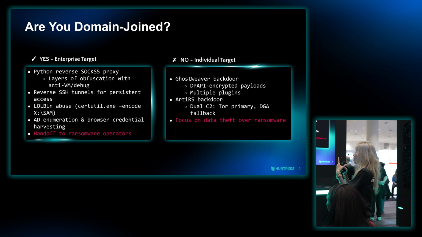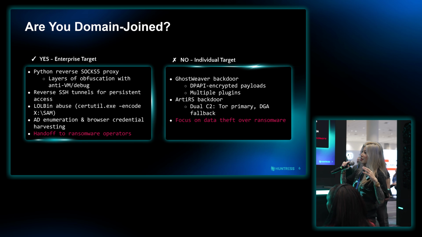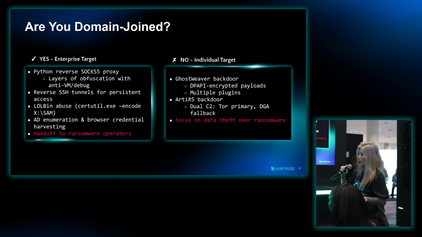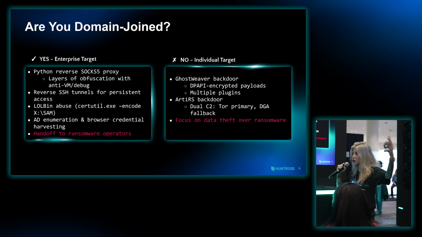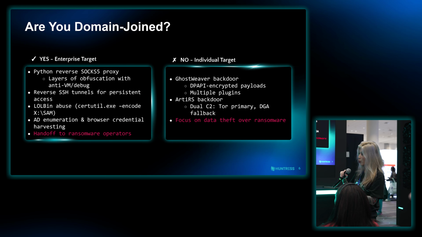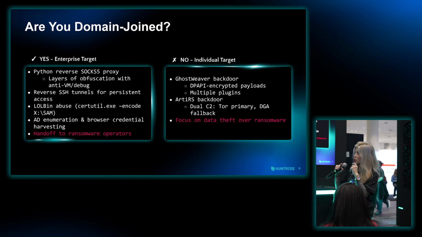It's a Python reverse SOCKS proxy backdoor, and it has 6 layers of obfuscation with anti-analysis, right? Anti-VM. So they're making sure you're not coming from VirtualBox or VMware. They're checking if the IsDebuggerPresent flag is present. So if any of those checks trigger, they're not going to run the payload itself. They're also going to drop reverse SSH channels.